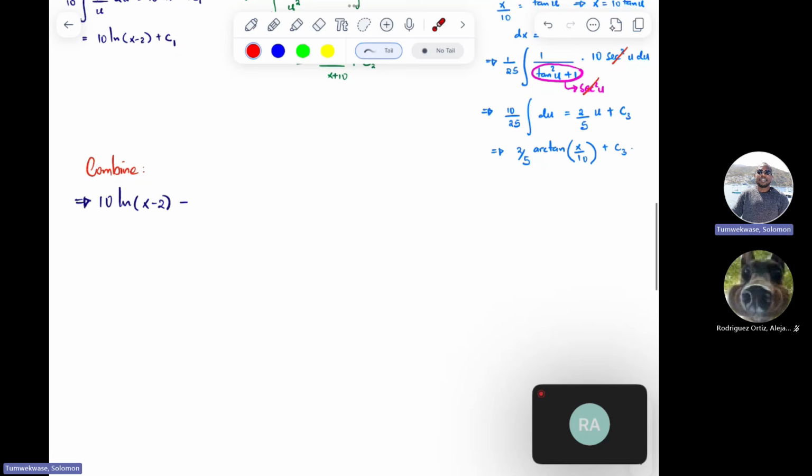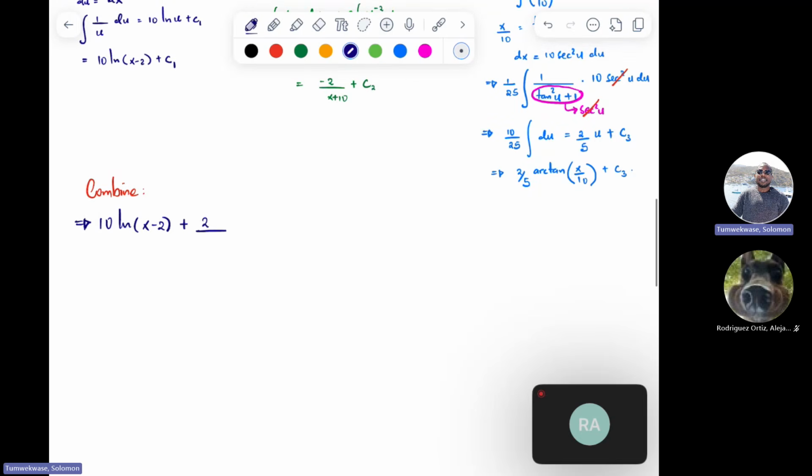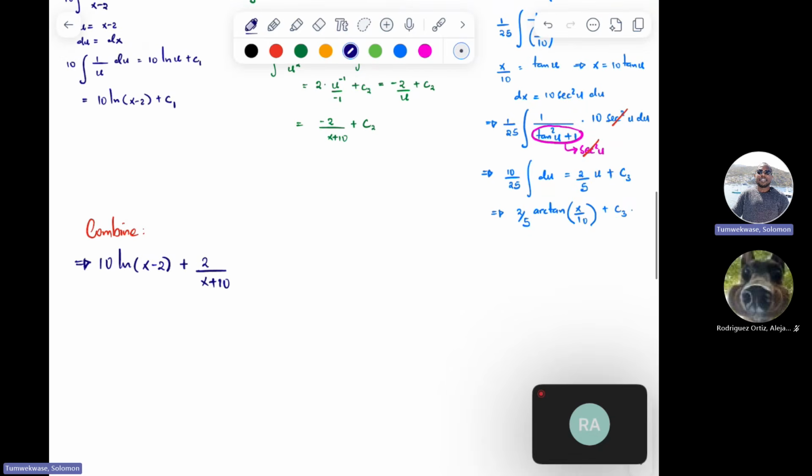So that becomes a plus. So plus 2 over x plus 10 plus C2, of course, then minus 2 over 5 arctangent of x over 10, then plus C3. So C1, a constant, plus a constant, plus a constant, I'll just get one other constant which I can call C. Okay.